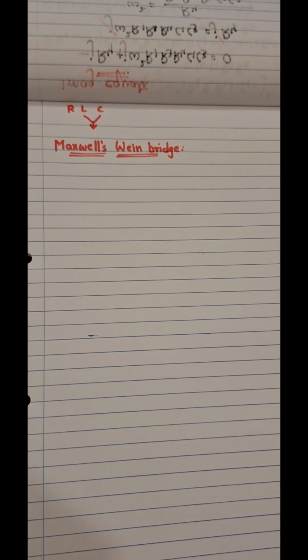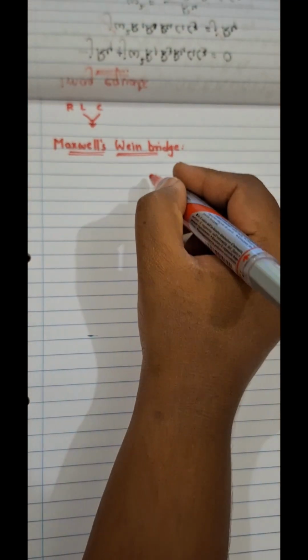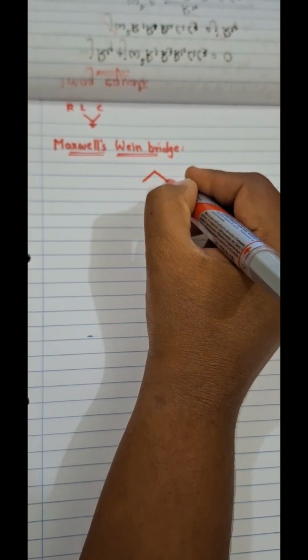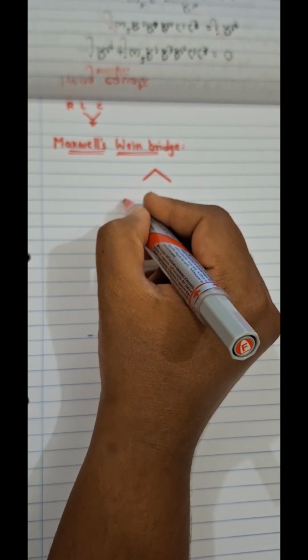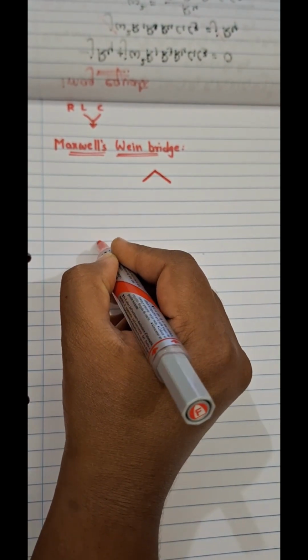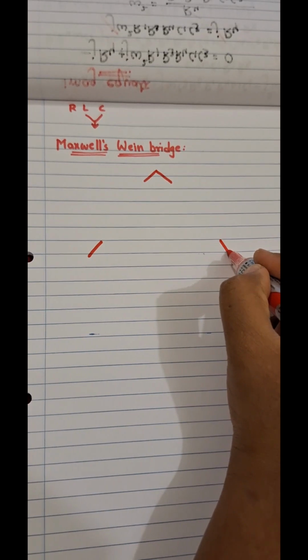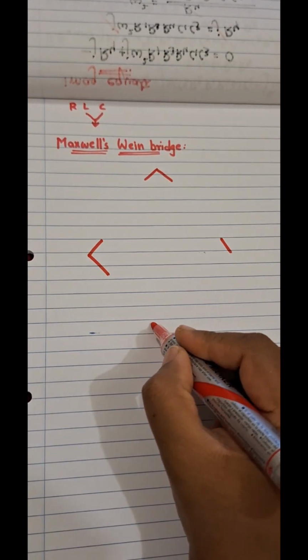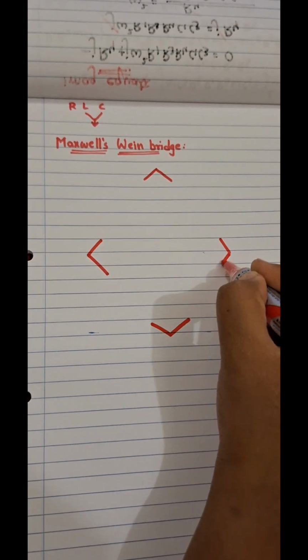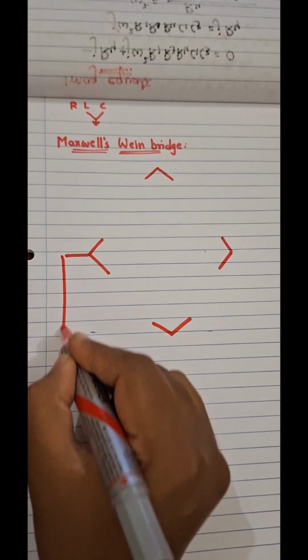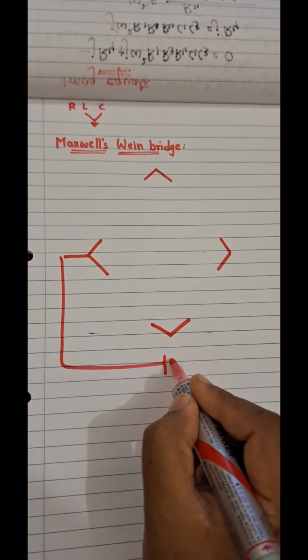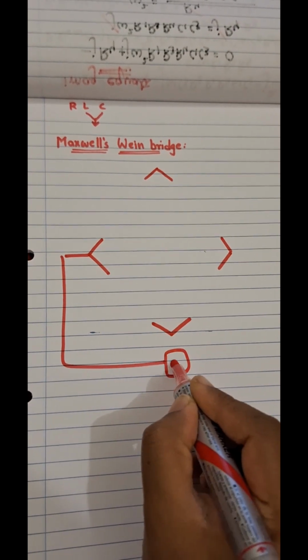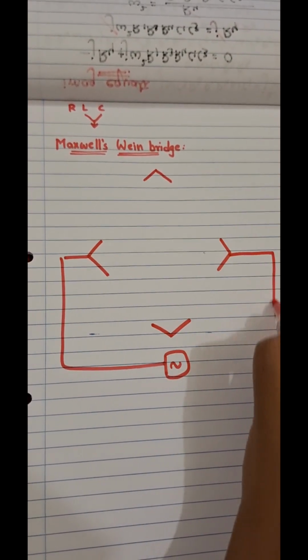Okay, so let me just draw the circuit. As I said, a bridge circuit always has 4 legs, with an input.